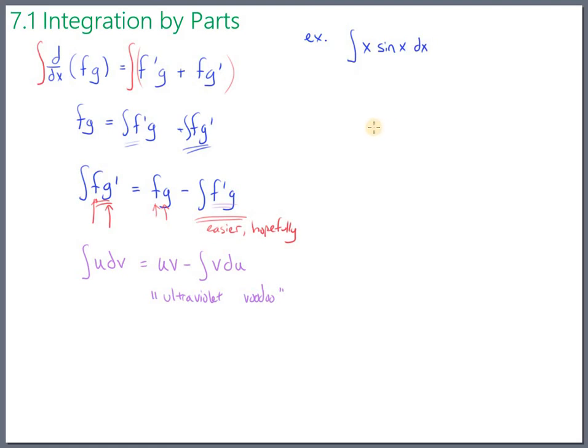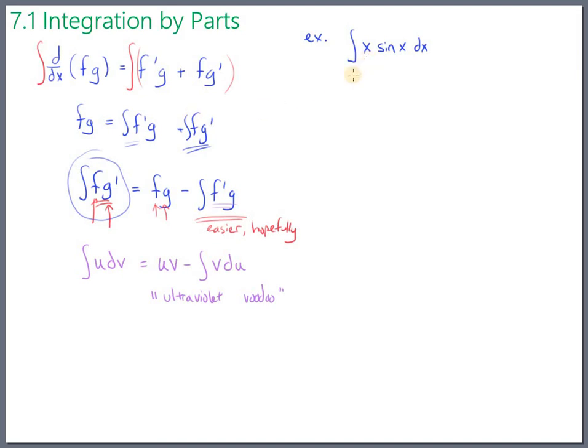And our first goal here is just to recognize that we do have a product. We do have this sort of form where we're saying, yep, got a function times another function. I need to decide which one of those I'm going to look at as f and which one I'm going to look at as g, or to use this notation down here, which one's going to be u and which one's going to be dv.